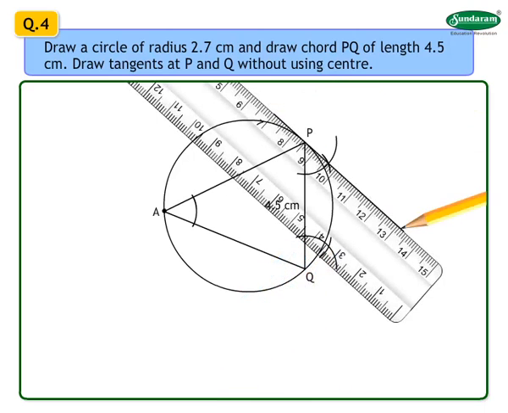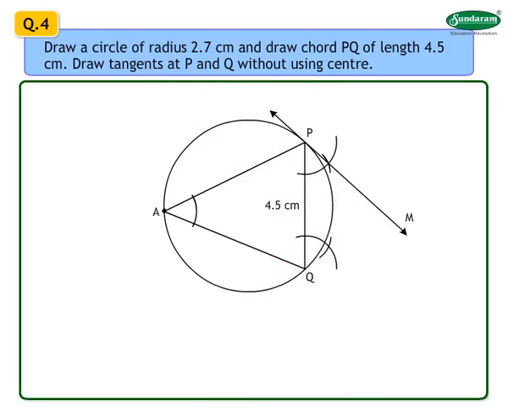Now draw ray PM such that angle PAQ is equal to angle QPM. Then draw ray QN such that angle PAQ is equal to angle PQN. Thus, the lines containing rays PM and QN are the required tangents.